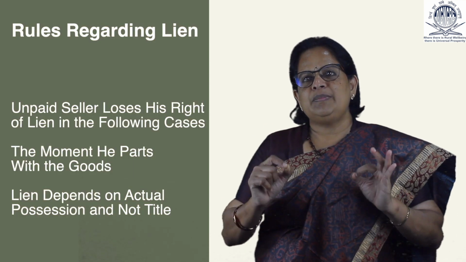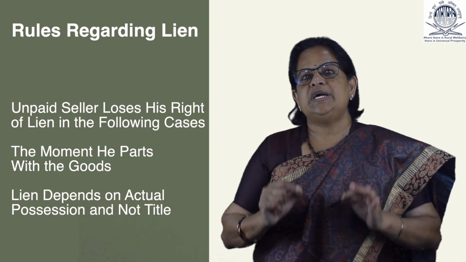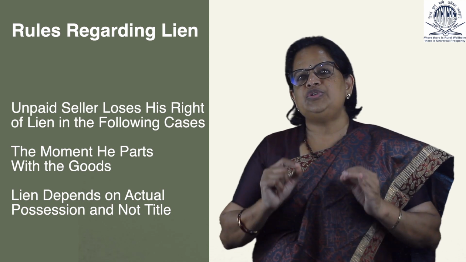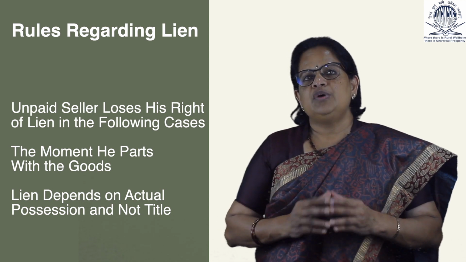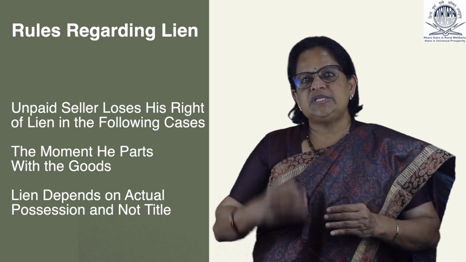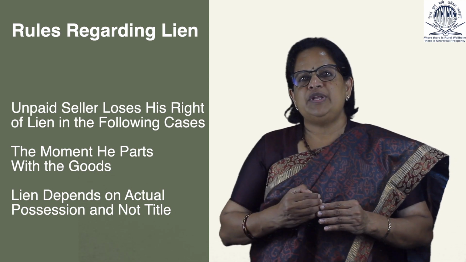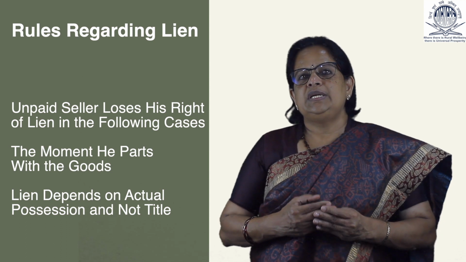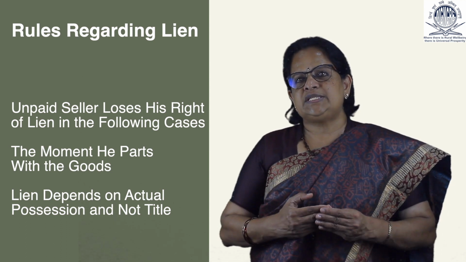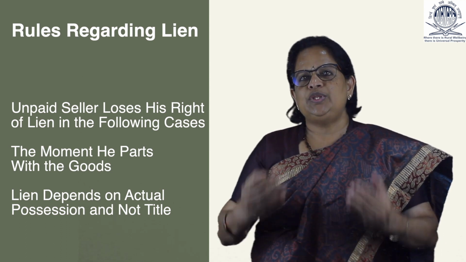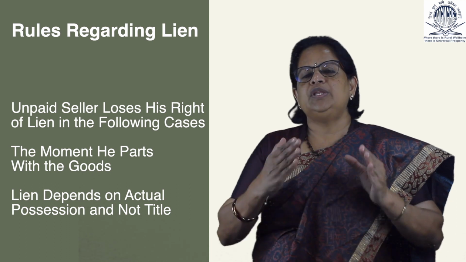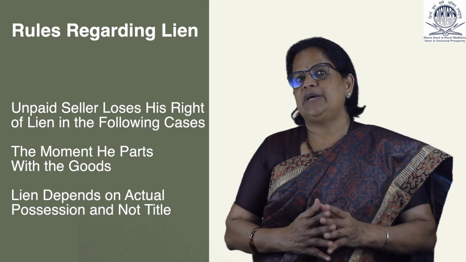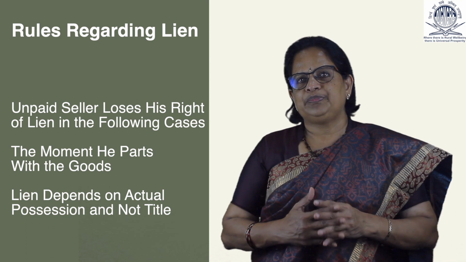Now, let us sum up the important points regarding right of lien available to the seller. First point is that this right of lien, as already mentioned and understood, is a possessory lien. The seller cannot exercise this lien once he parts with the goods, meaning the goods have come to the custody of the buyer or his agent.